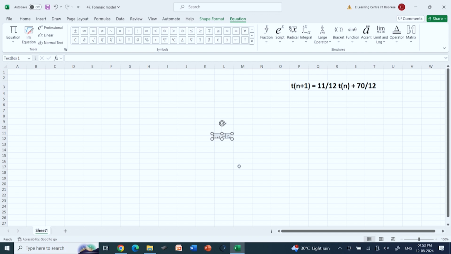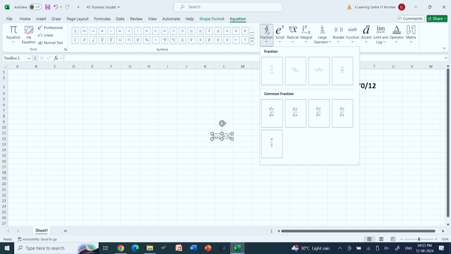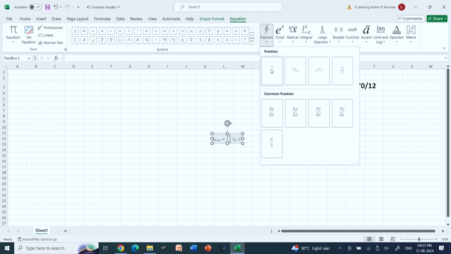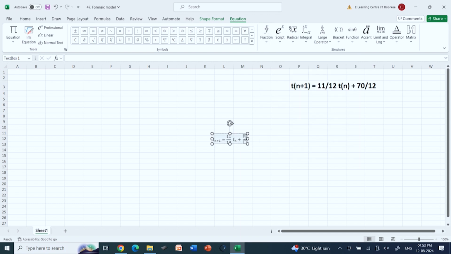If you need a fraction, you have to go here to Fraction and click this. This will give 11 divided by 12, plus another fraction which is 70 divided by 12.